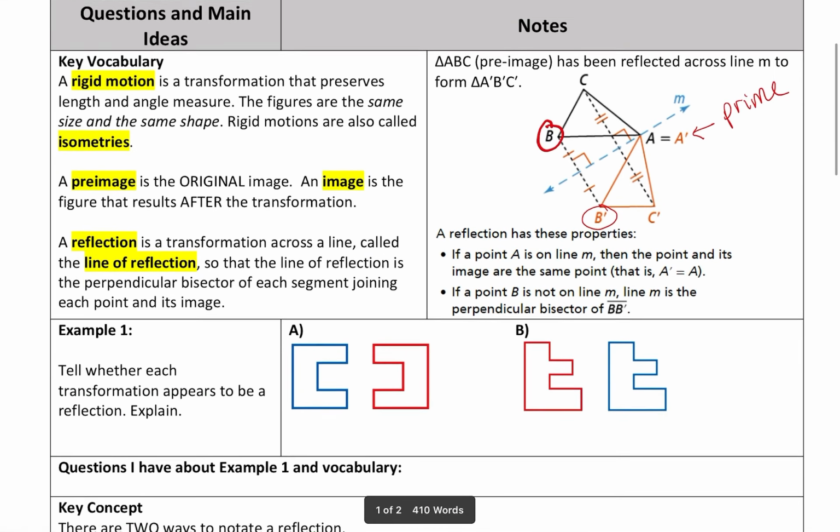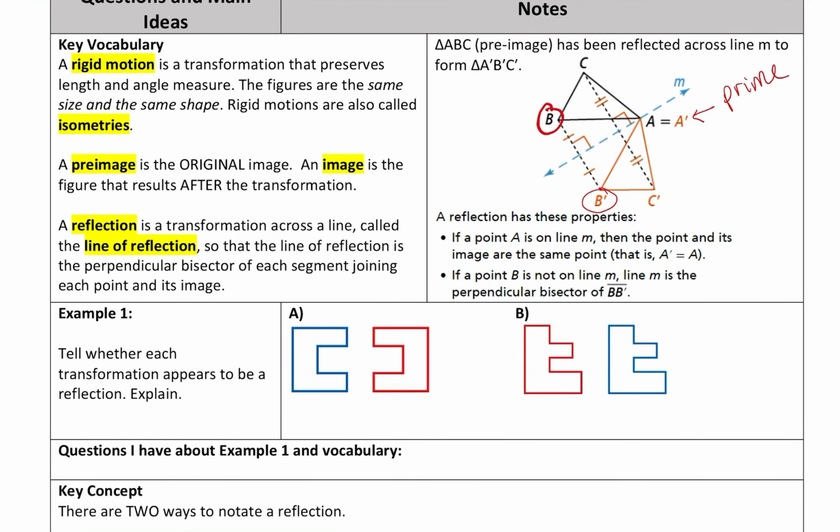All right. What we're going to look at in this next piece is whether or not the figures look like they have been reflected. If I look here at part A, it almost looks like a C, and it is backwards. So it looks like I have taken it and flipped it over a line kind of here. So yes, this is a reflection, or it does look like one, because it appears to be flipped.